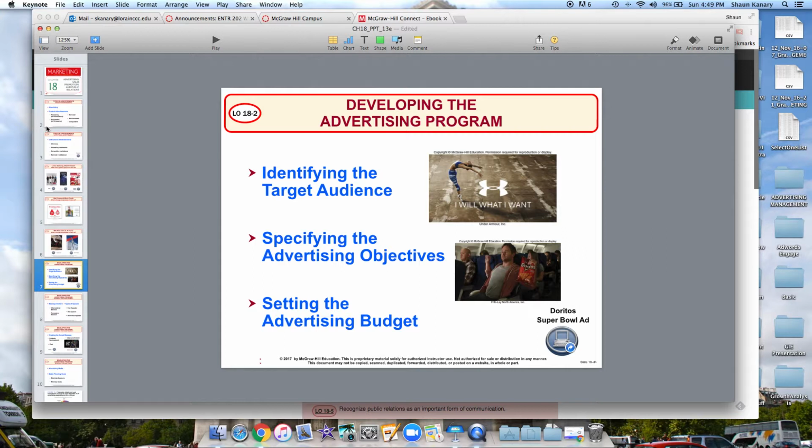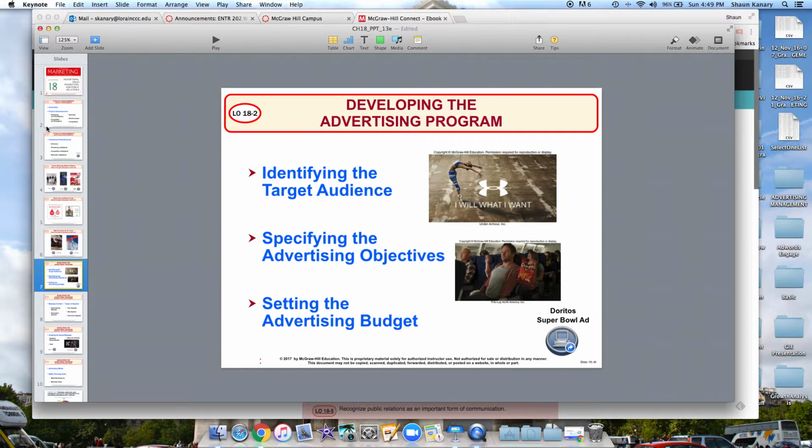Probably a student, a younger generation student, probably 18 to 24-year-olds. They're probably the target audience. Now, what would be the advertising objective of their ad? Well, obviously LCCC wants you to sign up and take class. So that would be the objective. It would be a sales objective.